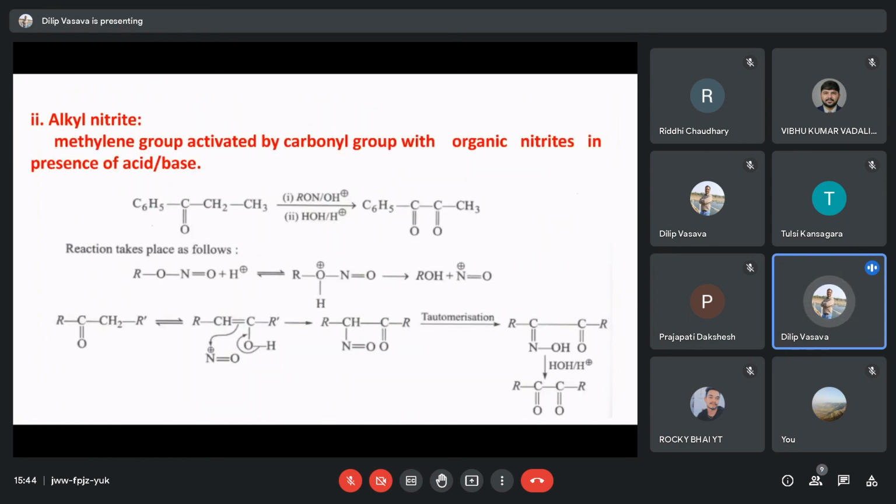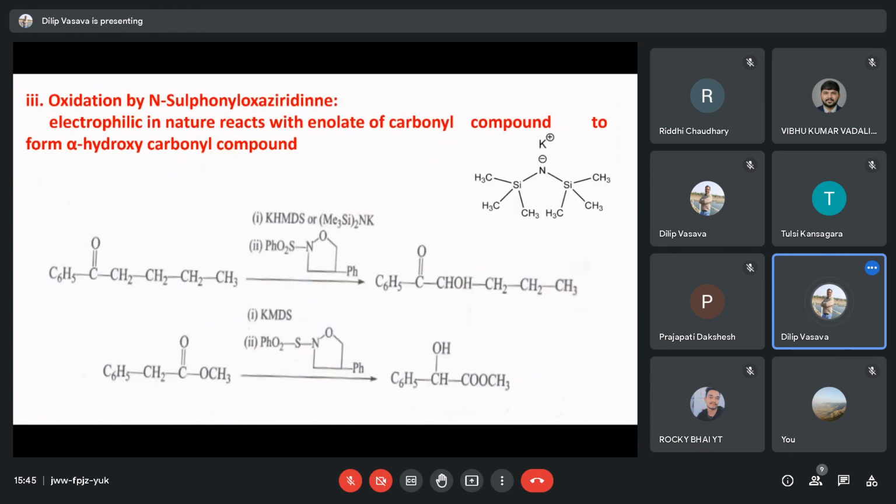Now alkyl nitrite is there, so that is also a good oxidizing agent for the oxidation of the CH2 group in the presence of the ketonic group. Now this is a very good modern oxidizing agent, that is KHMDS.